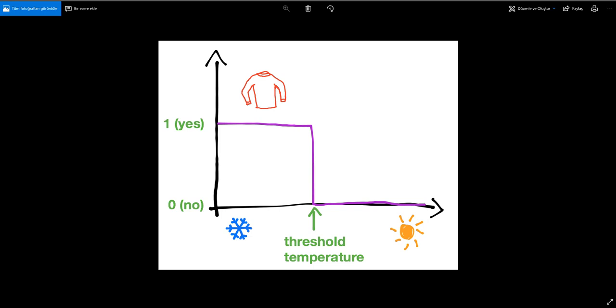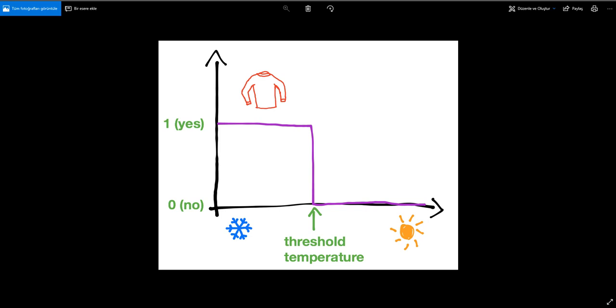It generally depends on the weather condition. If the weather is colder than now, you will wear your sweater. But on the other hand, if the weather is getting warmer, you will take off your sweater, but if it is getting colder, you will wear it. So the threshold is the weather.